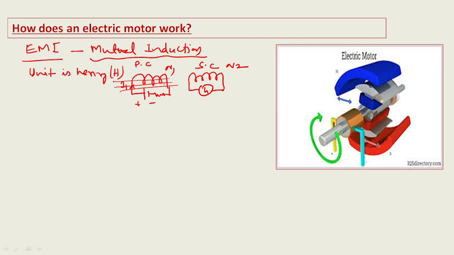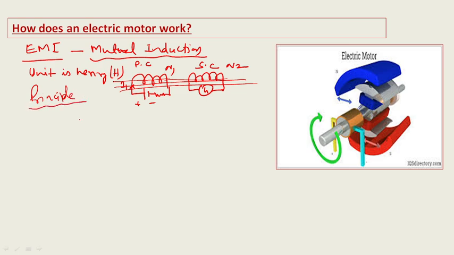When the magnetic flux changes due to a current change in another coil, an induced EMF will be set up in the secondary coil. This is the principle.